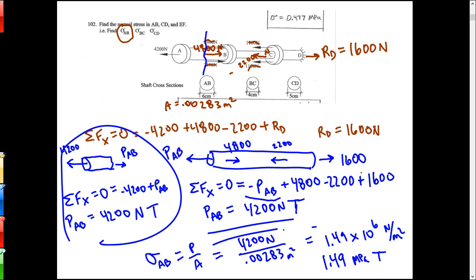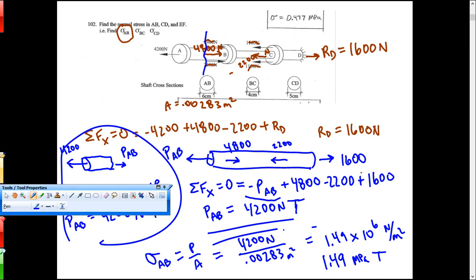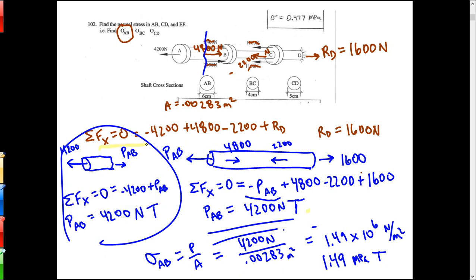No, there's different sign conventions going on here. What I'm doing on the top is I'm doing statics, okay? And so what's happening here is I'm assuming tension, it's pulling.